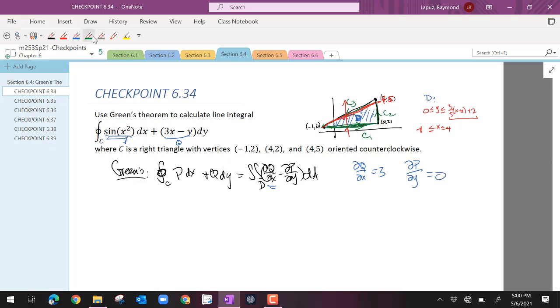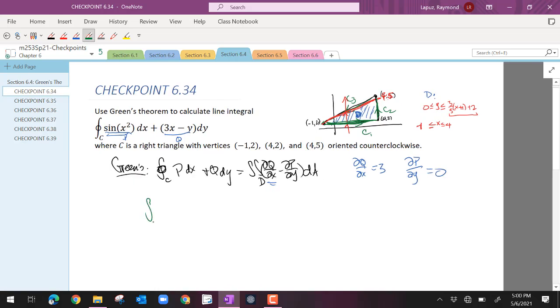So this turns out to be an even nicer integral. Our line integral of sine x squared dx plus 3x minus y dy will actually equal the double integral over this domain D of 3 minus 0 dA.